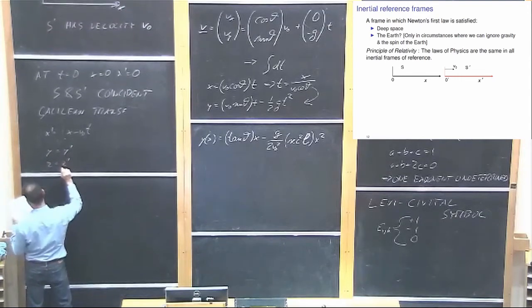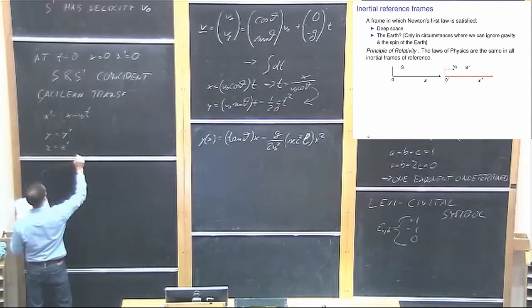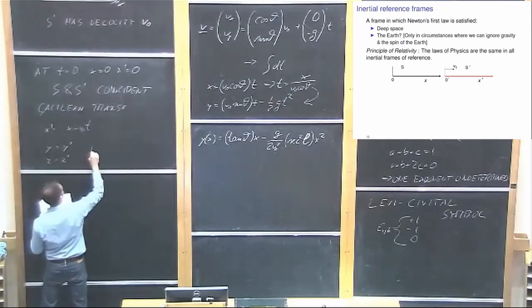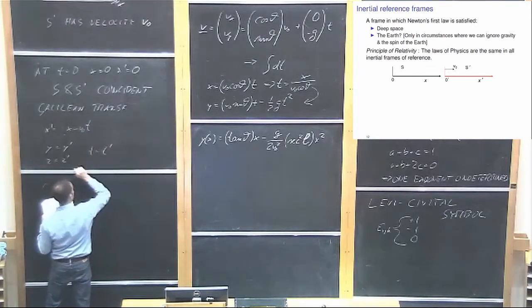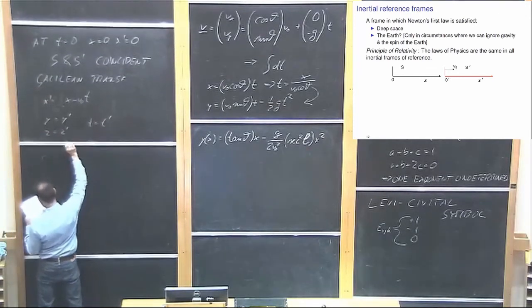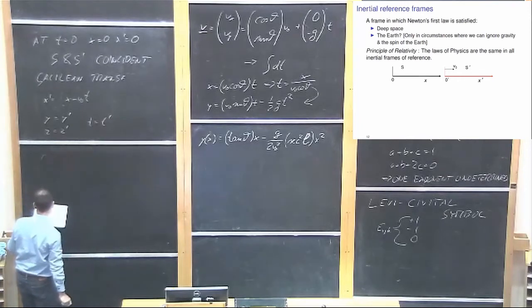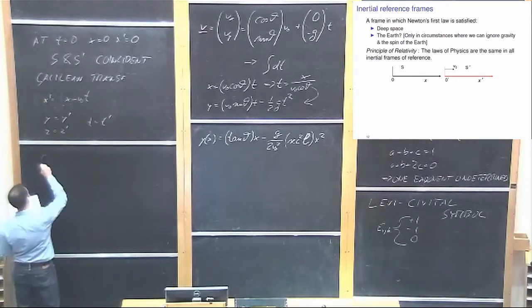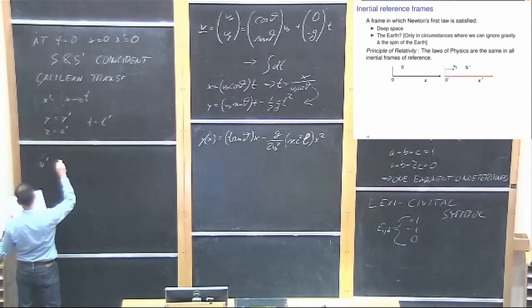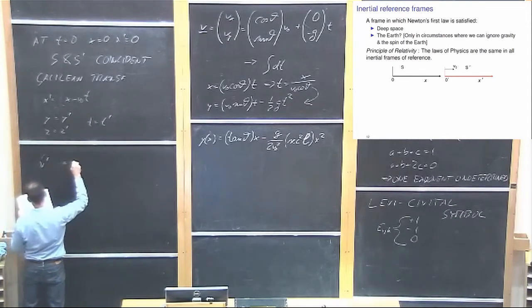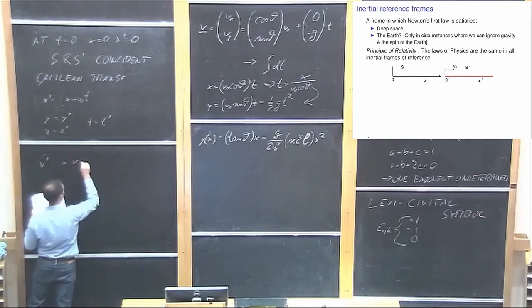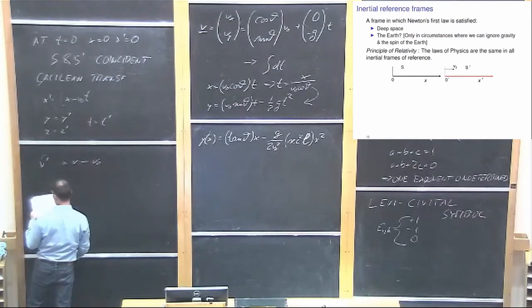We just shift it with respect to the axis. And t equals t prime. This is important. That only holds in the classical sense. Times are the same. So v prime becomes v prime equals v minus v naught.